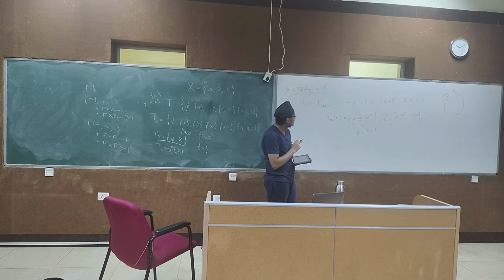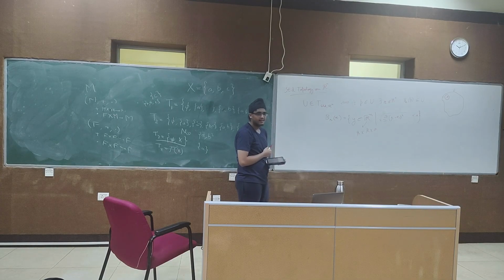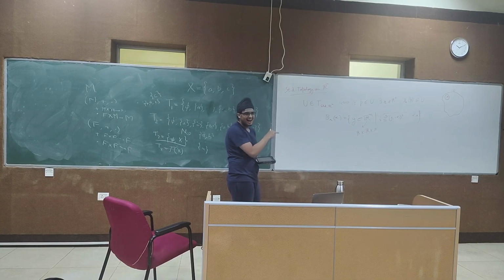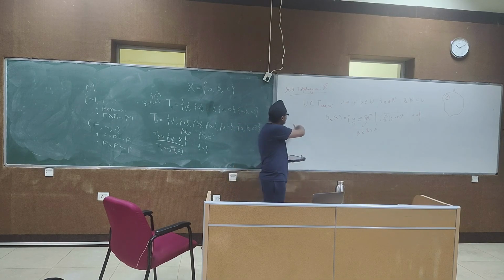But what I want you guys to notice here is that all open intervals are open sets in this standard topology. Are you guys noticing that? Open intervals in R actually generalize to open balls in Rn, and they are themselves in this topology.